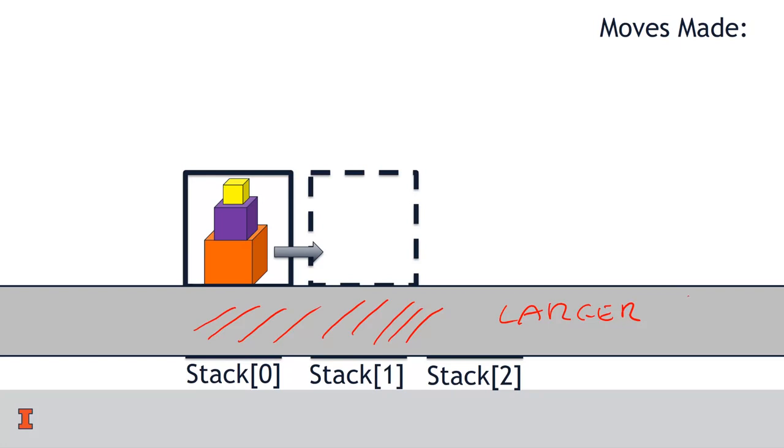So we can, without any concern, put our smaller blocks on top of anything that might be underneath and hidden in this gray area. So my job here is now to move a tower of height 3 over to this middle stack.